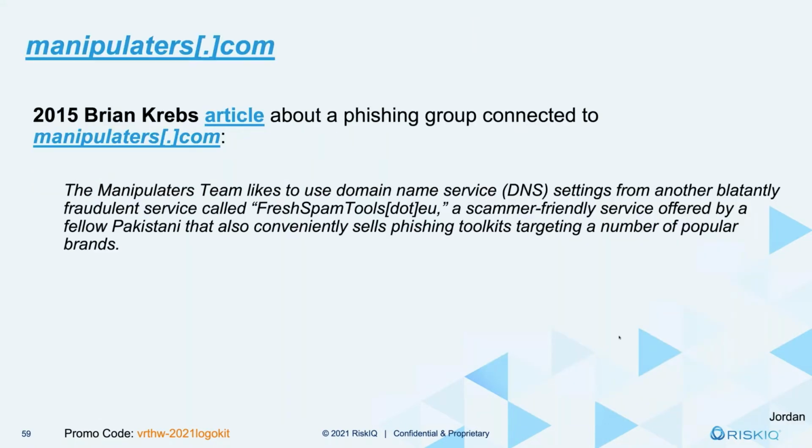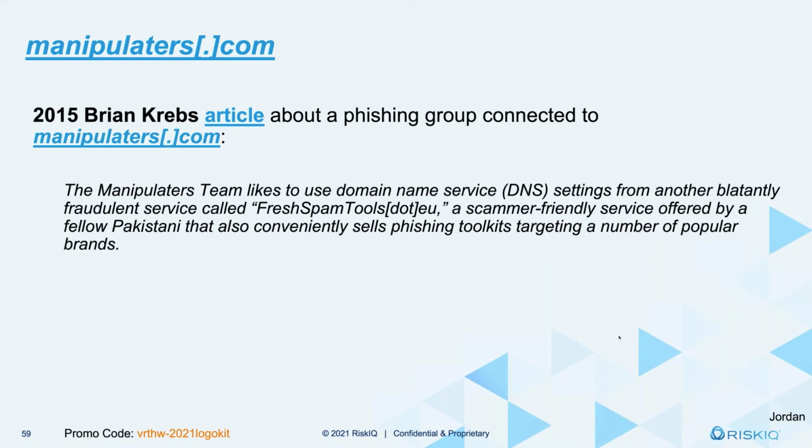There's a 2015 article that we found from Krebs about a phishing group connected to manipulators.com. So this manipulators team likes to use a domain name service from another blatantly fraudulent service called freshspamtools.eu, which is pretty familiar to us based on that Twitter ID and some of the other infrastructure that we've seen.